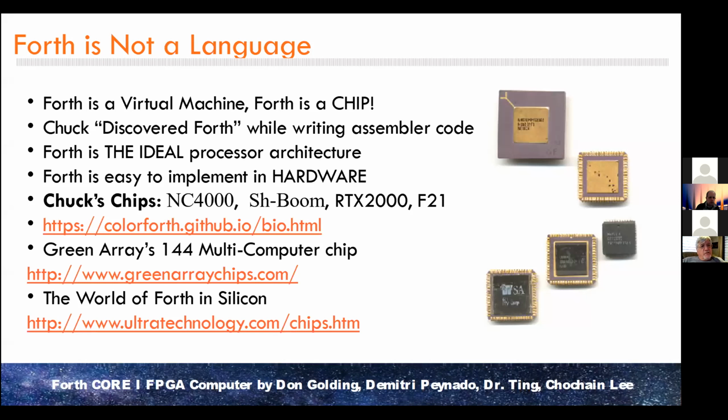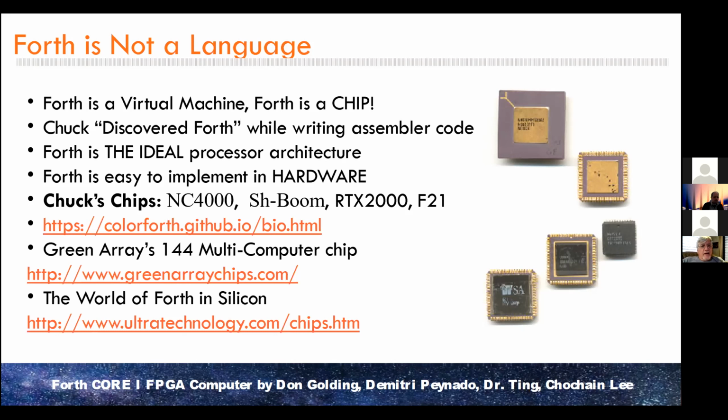So obviously Forth is a virtual machine, and the amazing thing that makes Forth stand out from every other, quote unquote, language on the planet is that it's a virtual machine. It's not just a language. It's actually a blueprint on how to build a microprocessor in silicon, which Chuck has built quite a few of.